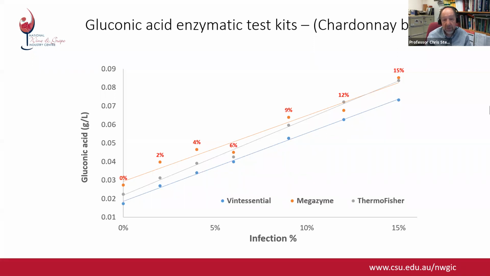The Thermo Fisher one is not perhaps running parallel with the other 2, but if you put the error bars on, which I've left off this figure, then they're fairly comparable. One thing to note though is that there is still some gluconic acid in the control clean fruit. So there's some background gluconic acid present there.